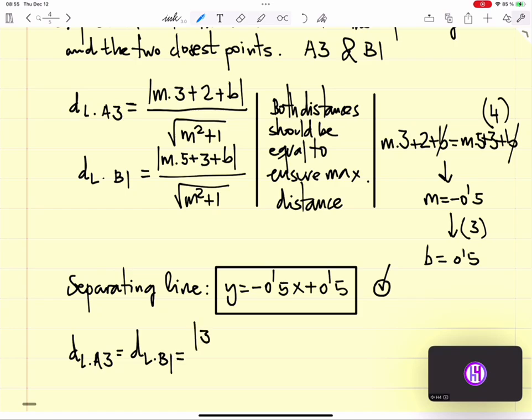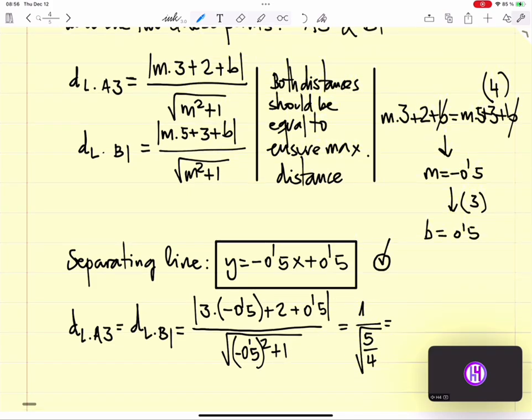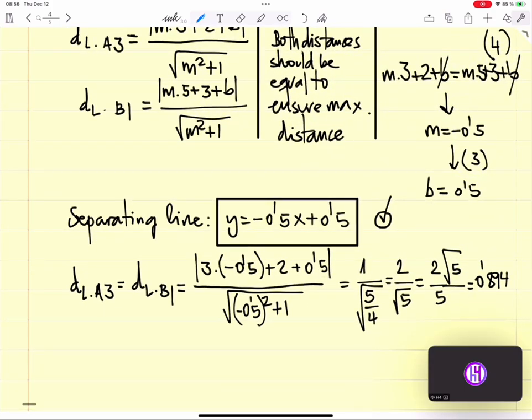This is the absolute value of 3 times minus 0.5 plus 2 plus 0.5 divided by square root of minus 0.5 squared plus 1, equals 1 divided by square root of 5 divided by 4, which is 2 divided by square root of 5, which is somewhere 0.894. Okay, so this is the second answer.